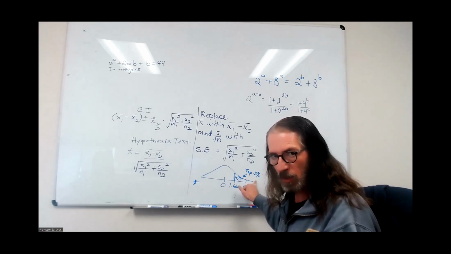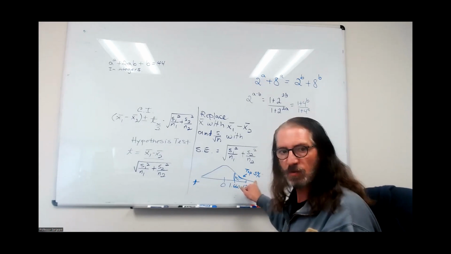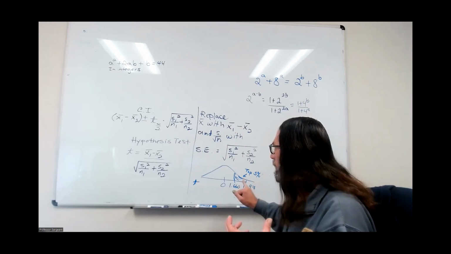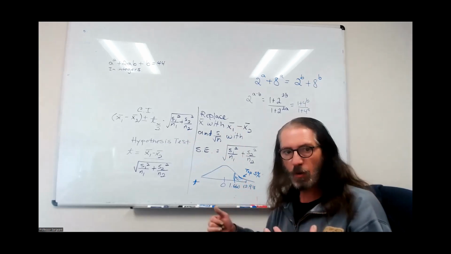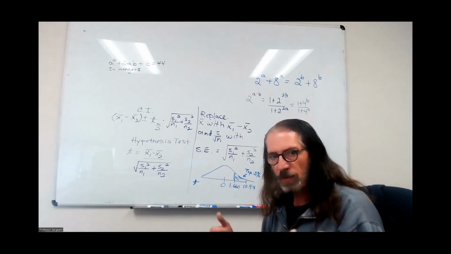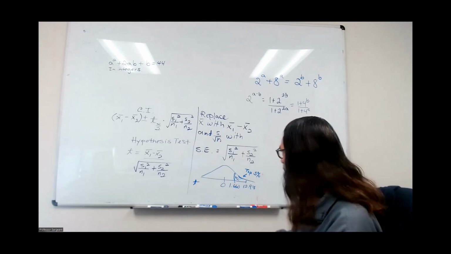Equivalently, mu1 equals mu2. If there is no difference, what's the probability we would have obtained those samples? If it's really low, less than alpha equals 0.05, then we would reject H naught.